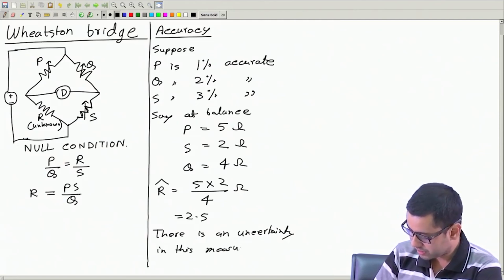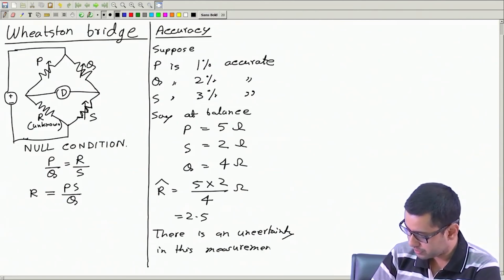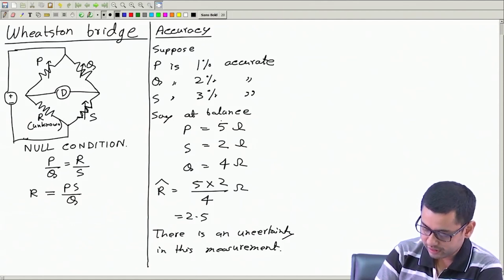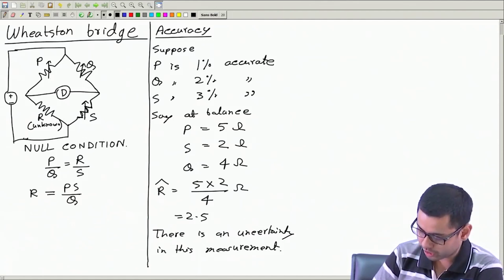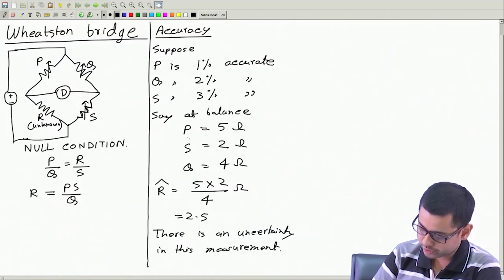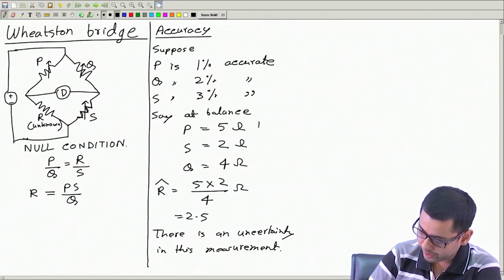because the values of P, S and Q are not accurate. We see that the value of P is 5 ohm according to the marking or dial of this resistance box, but it has an accuracy or error of 1%. That means the value of P is actually 5 ohm plus minus 1%.